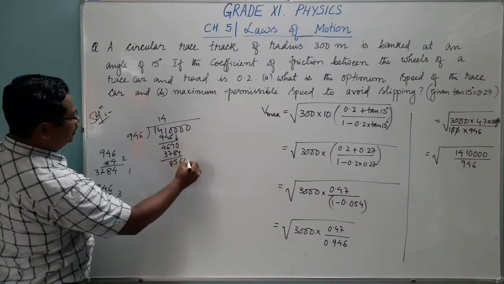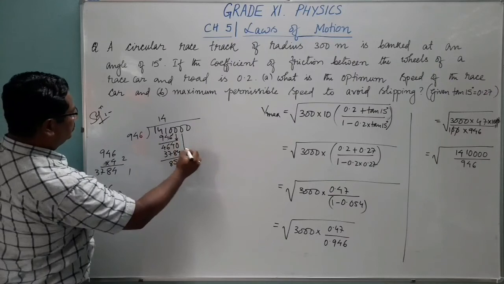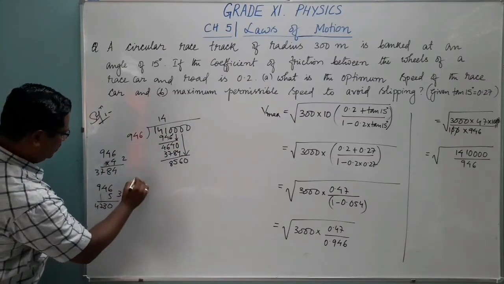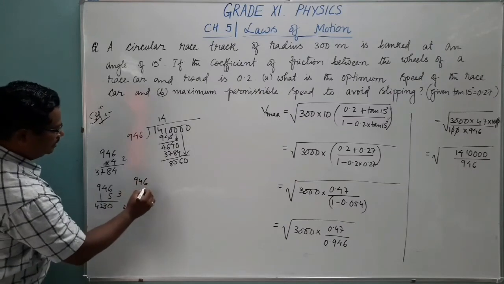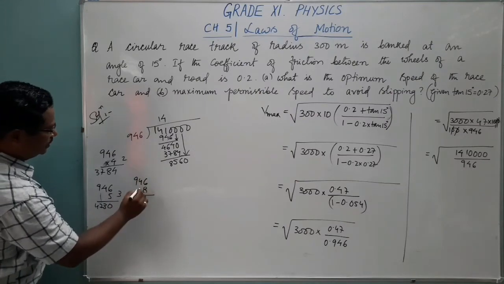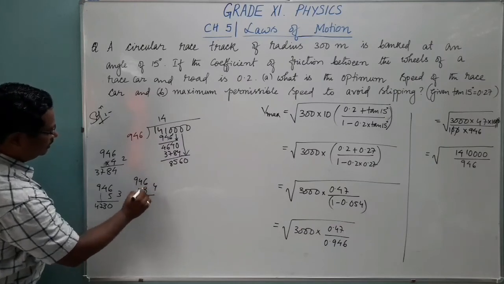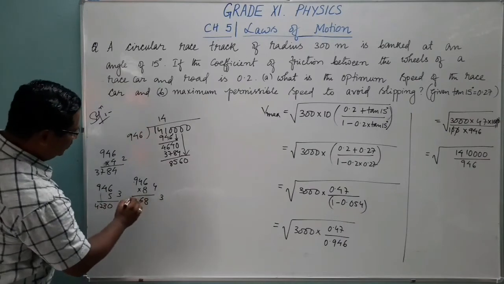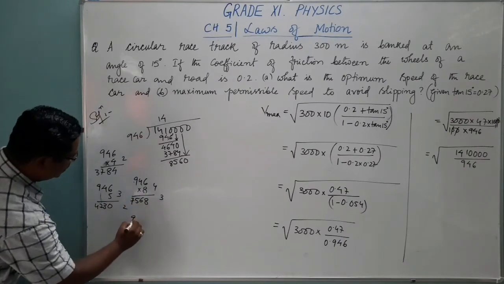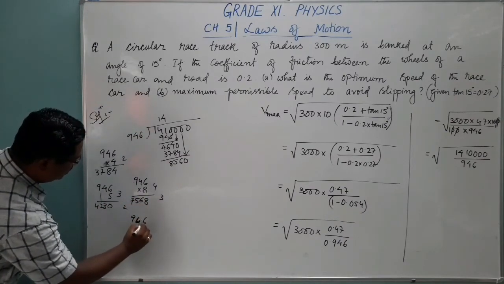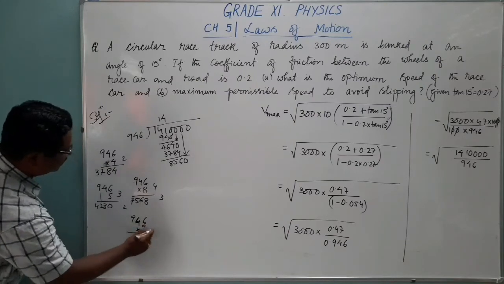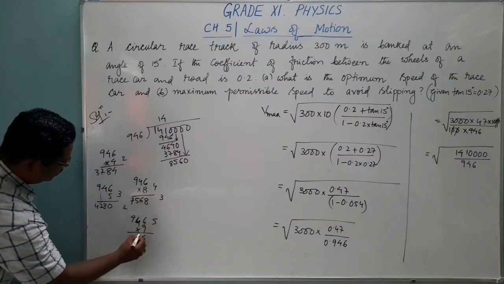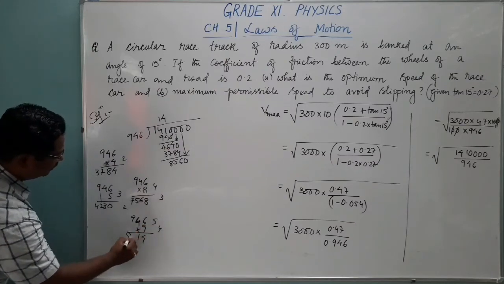Then again 1 0 you can bring down, this one. Then 946, 8 times 72, yes, 8 6s are 48, 32, 36, 3 in hand, 72, 75. 9 times, 9 9s are 81, 9 6s are 54, 36, 41, 4 in hand, 81, 85.